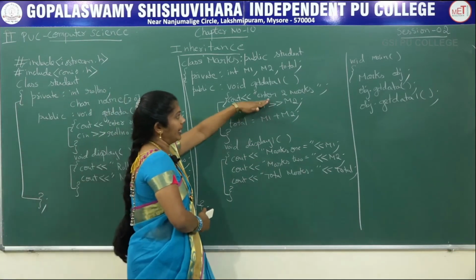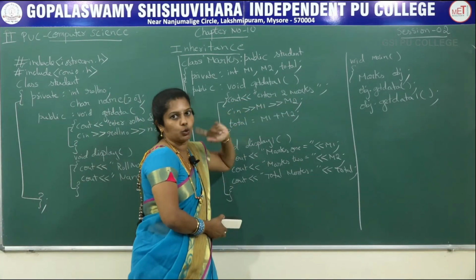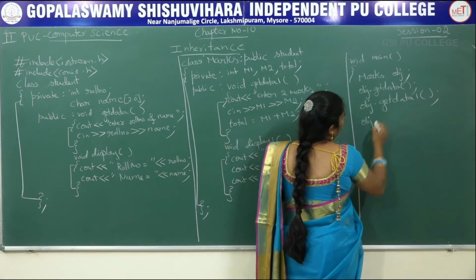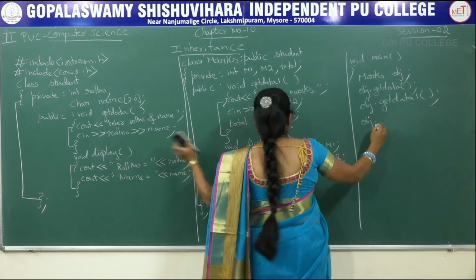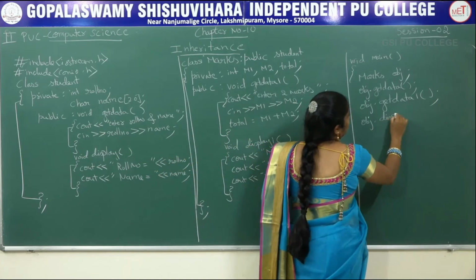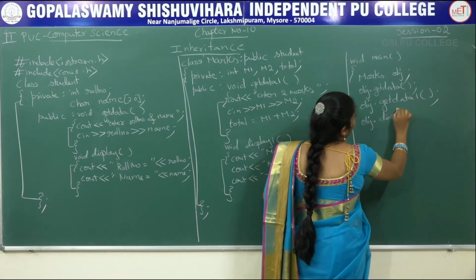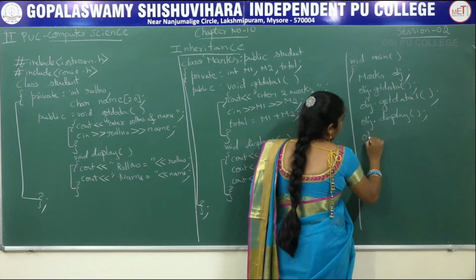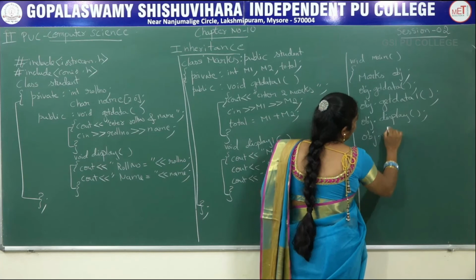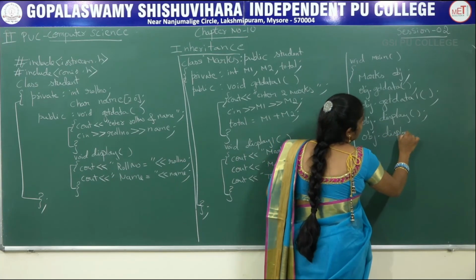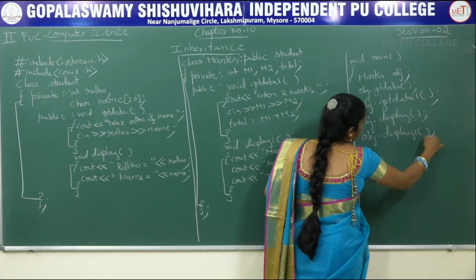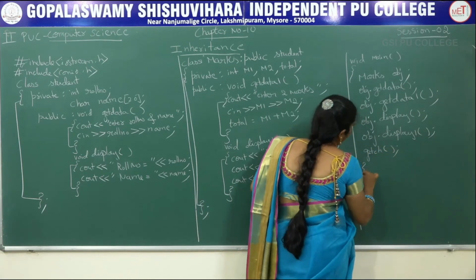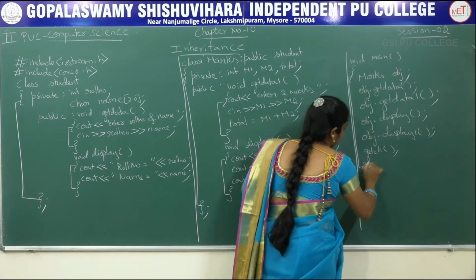Then next you are going to get enter 2 marks, marks 1 and marks 2 you can able to input. Then object dot next I want to display the value, display function. Next call object dot display 1 function. Next close the main program which you opened.